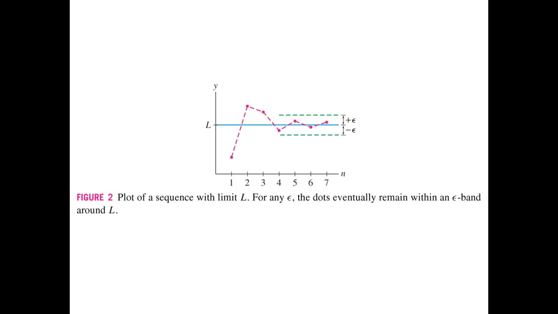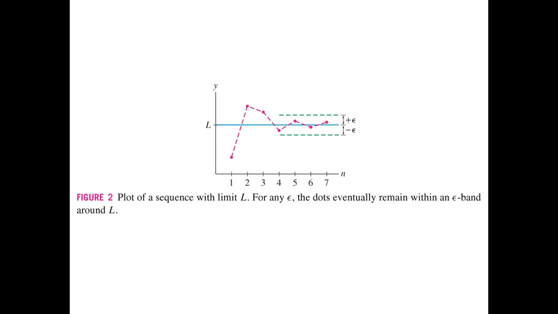Very similar to what we did for derivatives, and for integrals too. We didn't necessarily use epsilon, but that's what you're doing. For any epsilon, the dots eventually remain within the epsilon band around L, as big as you want to make it, or as small as you want to make it. You could do it real tiny.